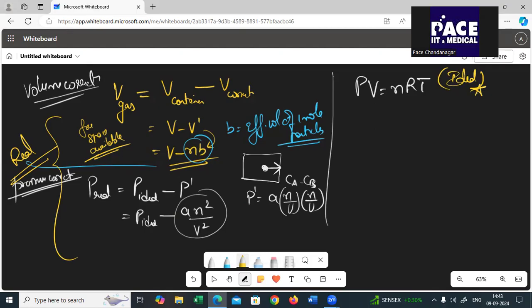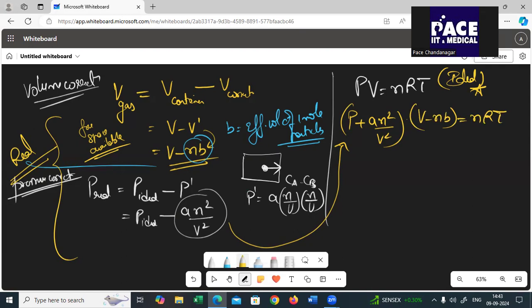So pressure ideal is nothing but P real plus a n square by v square, coming from here, times volume V minus nB is equal to nRT. So this is my van der Waals gas equation, for n moles of the gas.